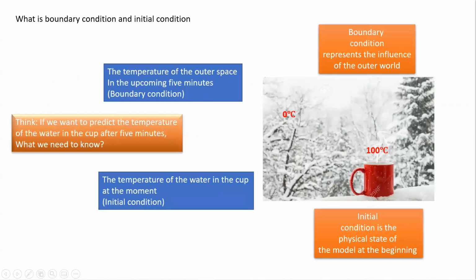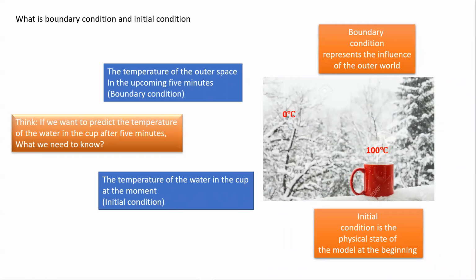The following pages explain what boundary conditions and initial conditions are. Let's think together about one question. If I have a cup of water and I put it in such an environment, and we want to predict the temperature of the water after 5 minutes, what things do we need to know? Apparently, the first thing we need to know is the temperature of the water when we put it in the environment, right?